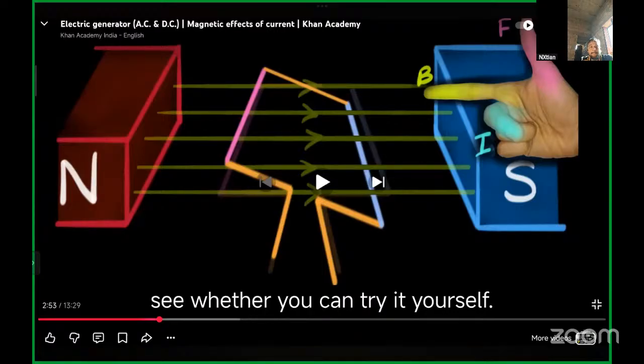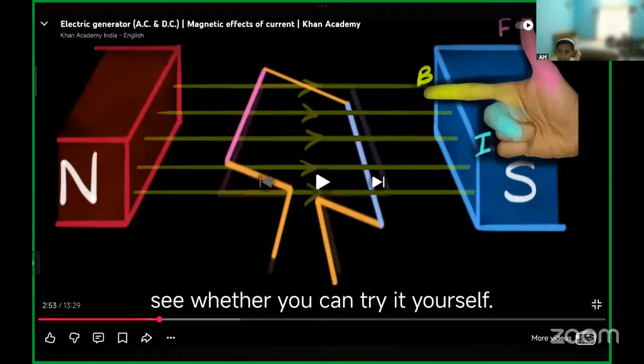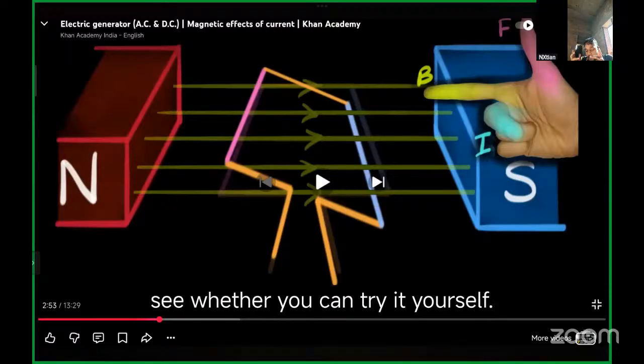But isn't Fleming's left-hand rule also used for the same purpose? The Fleming left-hand rule we use when a conductor having electricity is placed in an external magnetic field. Now here the conductor doesn't have electricity.